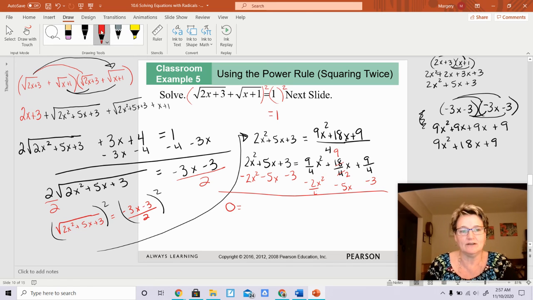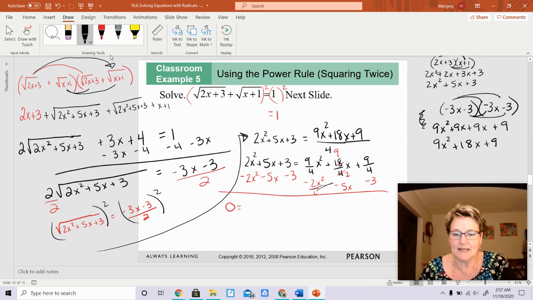Whoops, let me change colors. This is going to end up being 4, and that's going to be 8, right? This is going to have a 2. So 2 and 2, that's going to give you a 10. And this needs to have a 4, and that's going to be a 12.